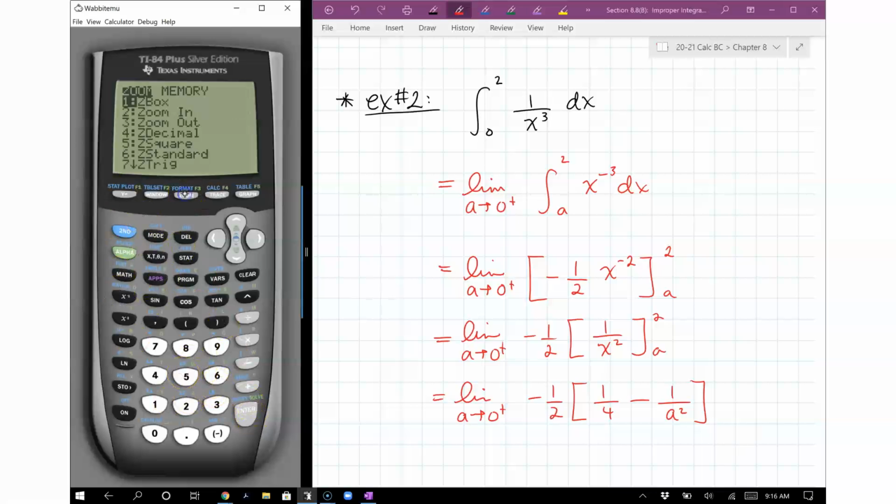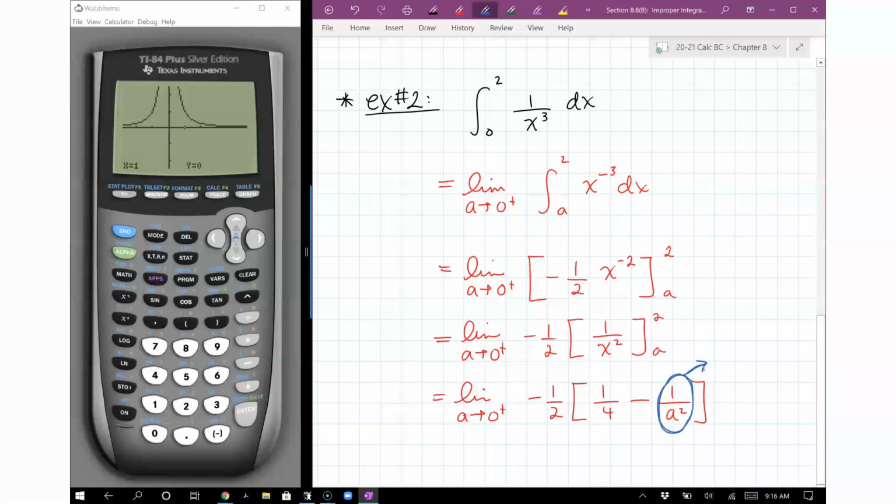So if I zoom in just to see it a little bit better, what's my answer? What is my limit as a approaches 0 from the right for 1 over a squared? For this right here, where is it going to? 0 from the right. Anybody know?